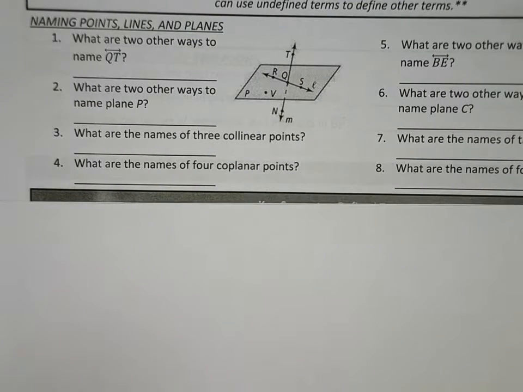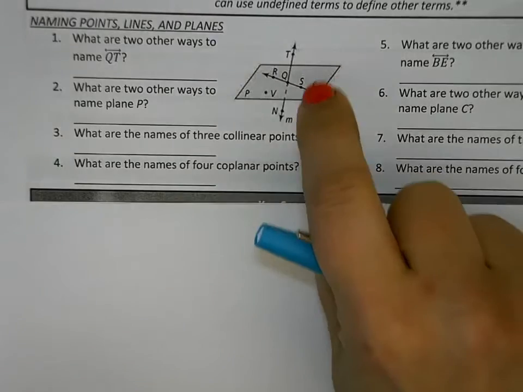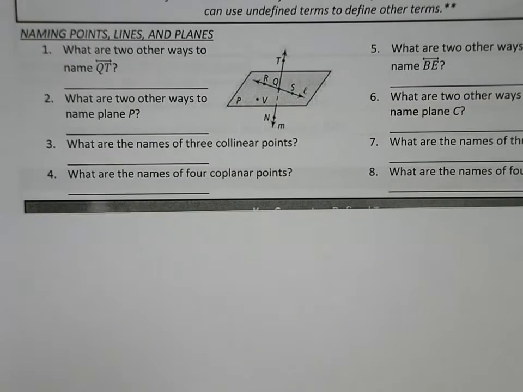But line M has the dotted line, which means it's going through the plane, okay? So it does not lie on the plane. Therefore, the points on it do not lie on the plane. Make sense? We'll do this one together, okay? So let's talk about number 1.